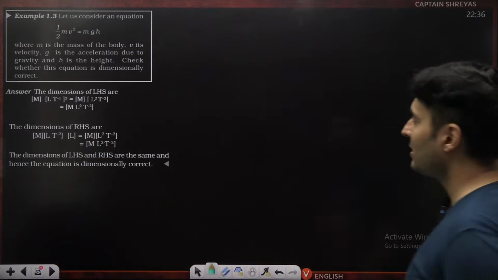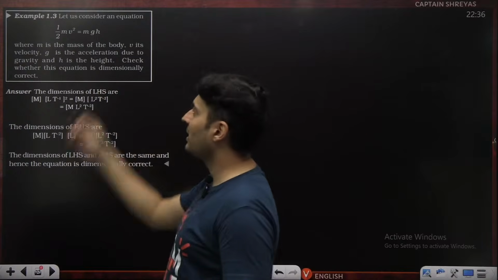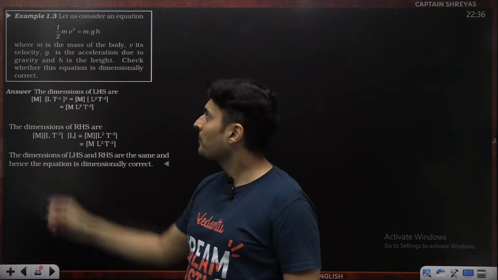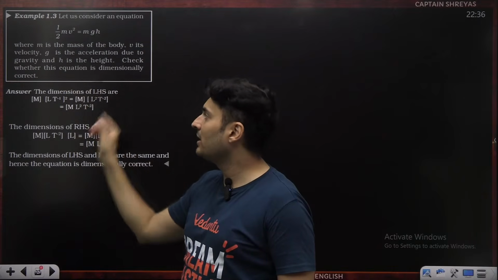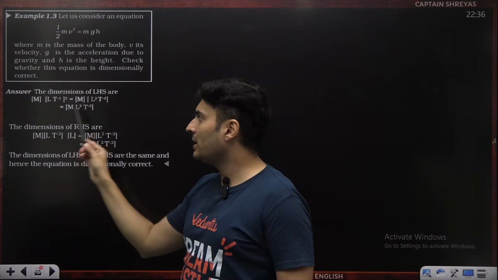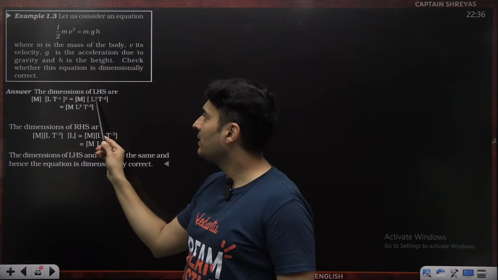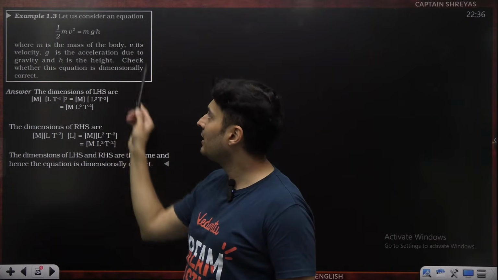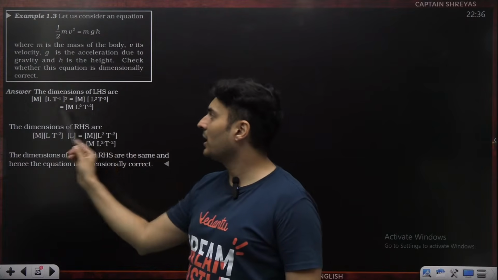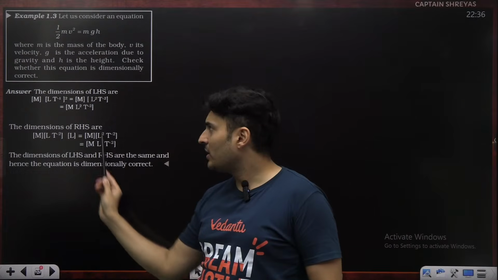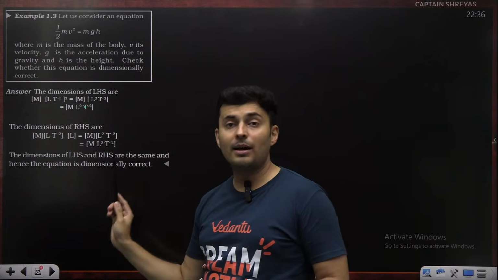And I've given examples. Consider this equation, half mv square and mgh. If you put the dimensions of mass, it is M. Half is dimensionless. Velocity square is L raised to 1, T raised to minus 1 whole square. M is mass, g is acceleration, h is height, which is length. If you start putting and comparing the dimensions, you will see that the dimensions on the left hand side and the right hand side are matching.